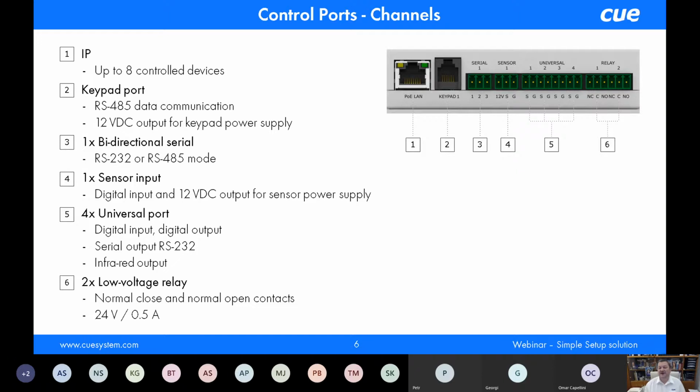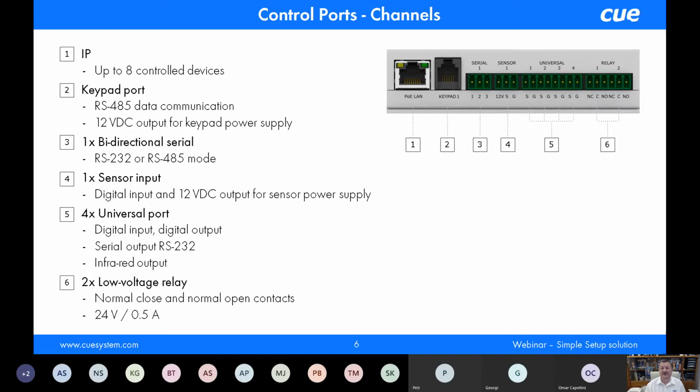So you may connect up to 8 IP-based devices to your system, and the controller will send them control commands. The keypad port is used for connection with the keypads. There is only one port, and if you have multiple keypads, you use the fact that the keypad has dual ports with the same functionality, so you can do a daisy chain interconnection.